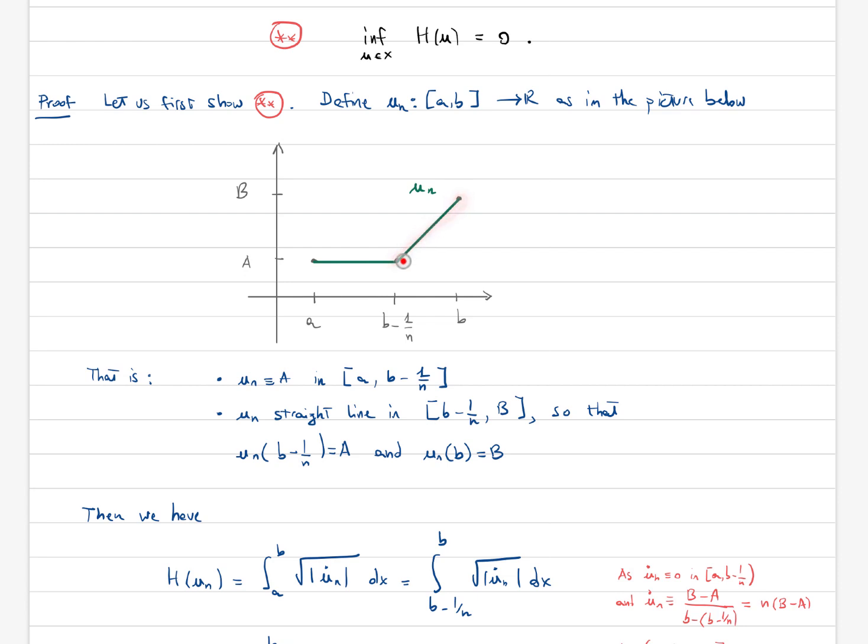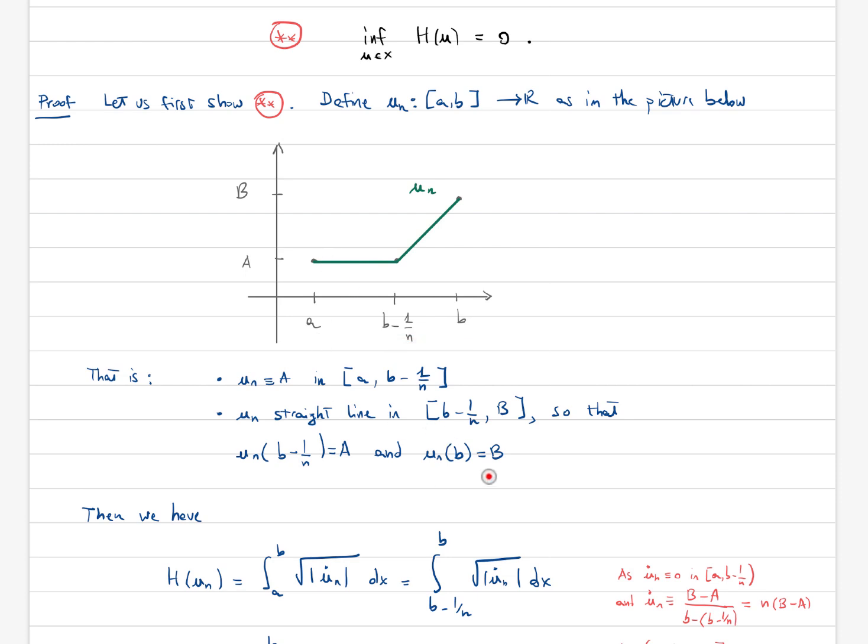Okay, so what is happening is that we need to satisfy the boundary conditions to be in X. And so we're saying, let's start with the first boundary condition and let's be constant for most of the time. And then sharply we reach the second boundary condition in a very short space. Because the idea is that n will go to plus infinity, so this interval here will be very small.